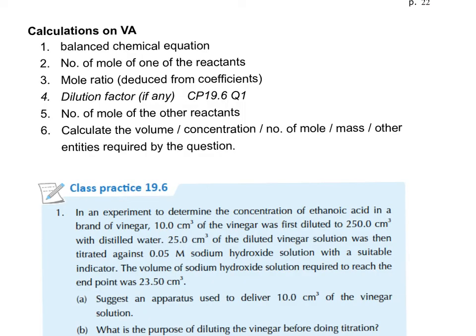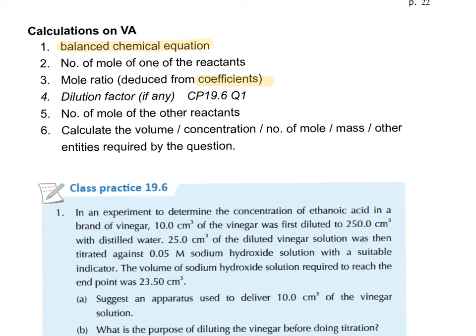Then we can use the average volume of titrant to calculate the concentration of the reactant in the sample solution. Now, in every volumetric analysis, we need to write a balanced chemical equation where the coefficients are the mole ratio of the reactants.